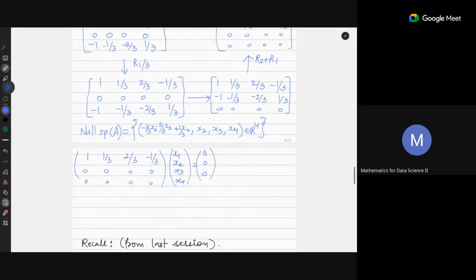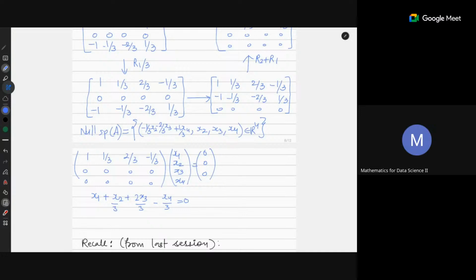All right, now it is what? It is x1 plus x2 plus 2x3 by 3 minus x4 by 3 is equal to 0. And then rest everything is 0.